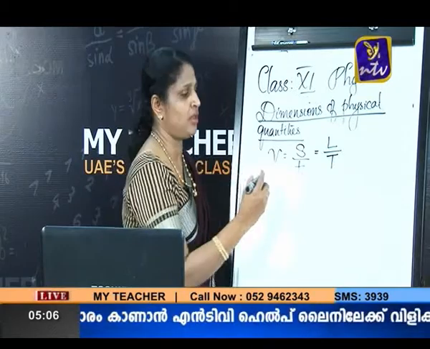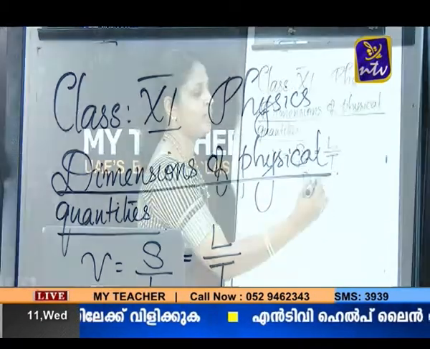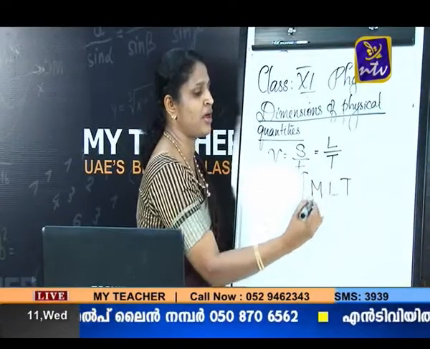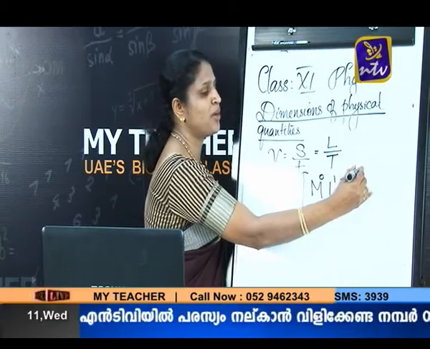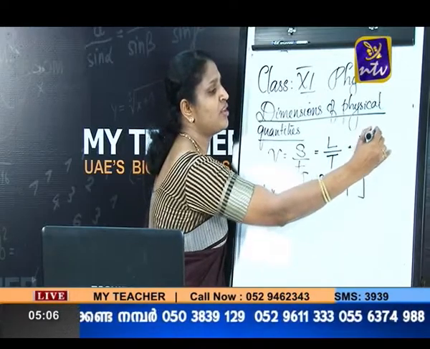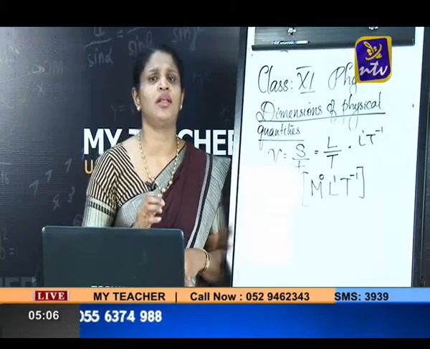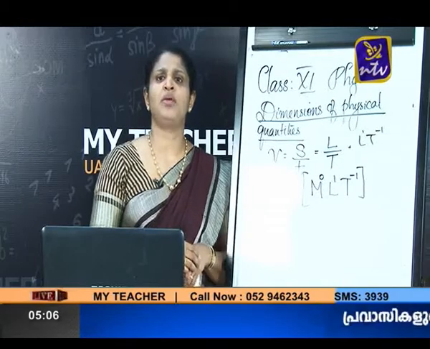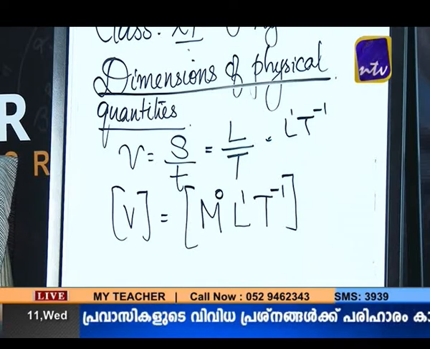Here you can see V can be represented in terms of the fundamental quantities mass, length and time as M^0 L^1 T^-1. We know that L divided by T can be written as L T^-1. This expression shows very clearly that velocity is made up of two main base quantities, that is length and time, and the power of mass is 0.